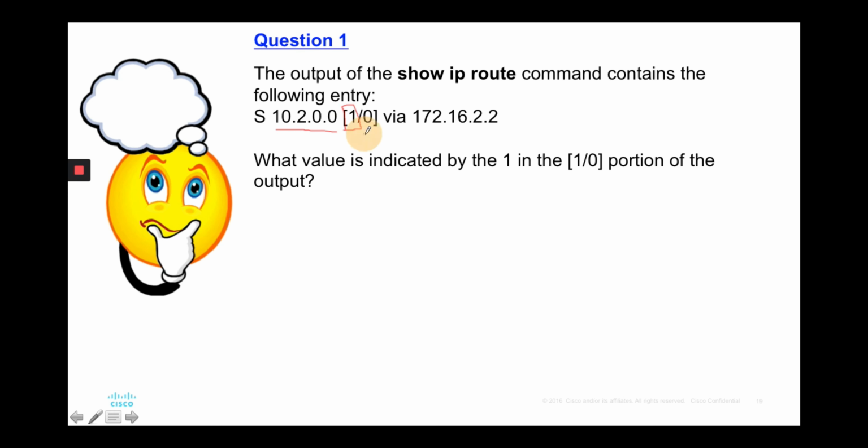The second value represents the metric to reach this destination of 10.2.0.0 via the next hop IP address, which is 172.16.2.2. So the question is, what value is indicated by 1 in this 1/0? As I mentioned, this 1 represents administrative distance, which is AD, and the 0 here represents the metric.